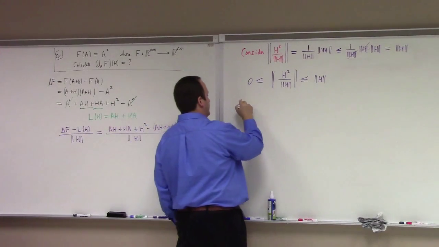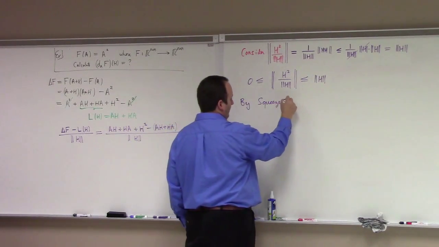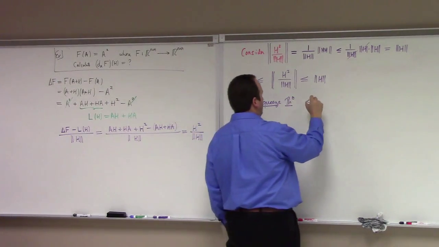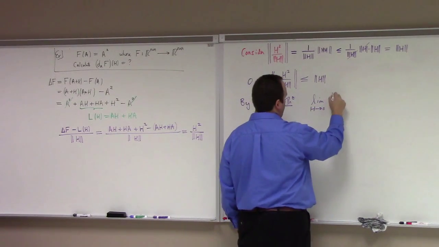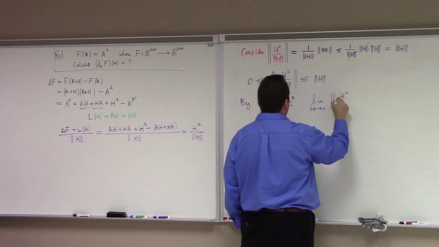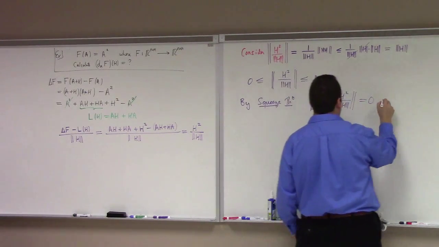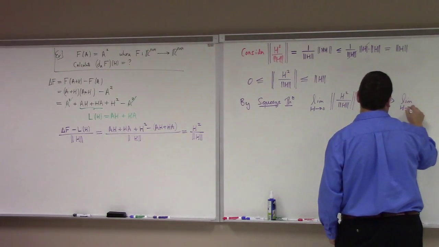And so by the squeeze theorem, the limit as h goes to 0 of the norm of h squared divided by the norm of h is equal to 0, which then by the lemma, which isn't hard to prove, implies the limit as h goes to 0 without the norm.